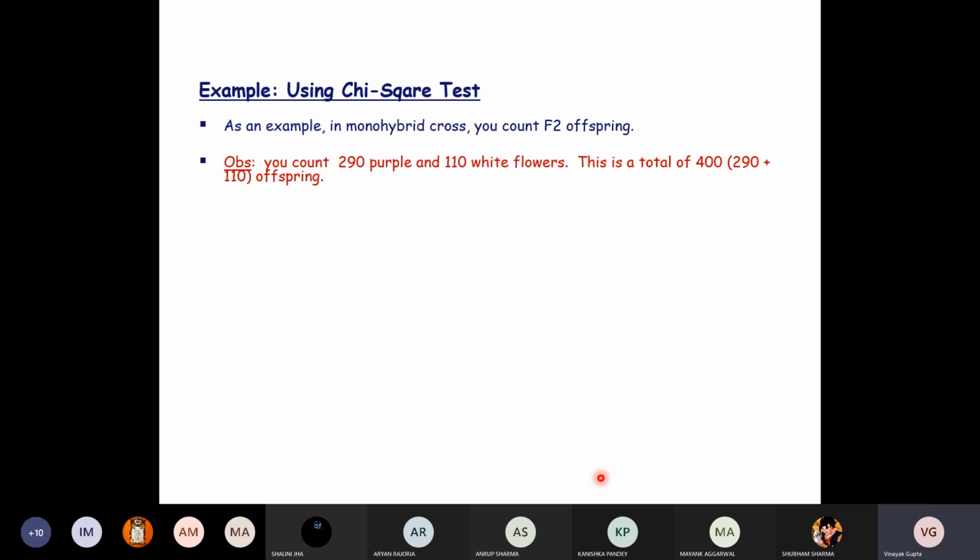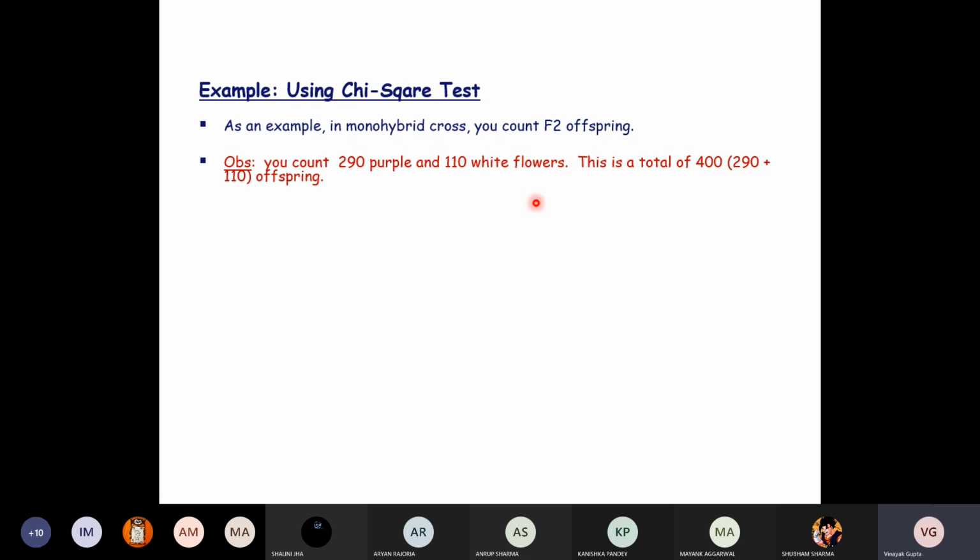Let's go through this question. In a monohybrid cross, you count F2 offspring and you count 290 purple and 110 white flowers, the same example which I cited on my first slide. So the total is 400.